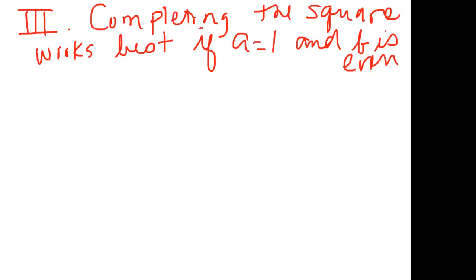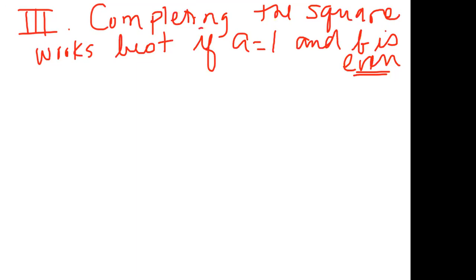And what I mean by this, guys, is that you will not end up with any fractions. If you are doing completing the square on these type of equations where A, the leading coefficient, is 1, and then of course your B is even, you avoid the fractions. It's the fractions that terrify students. So if you can find a way not to deal with them, that's the ideal way to go.